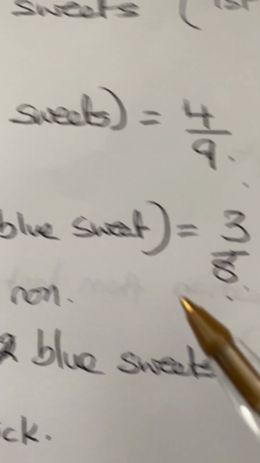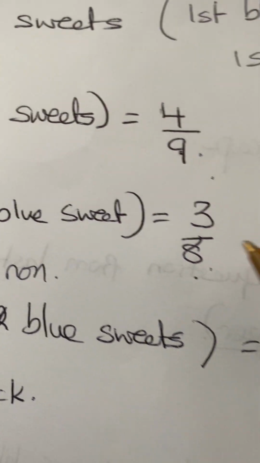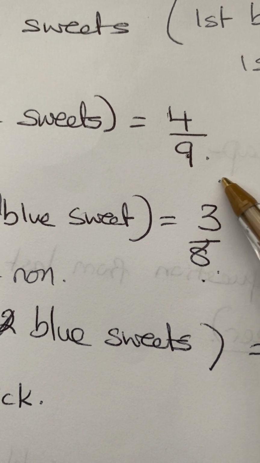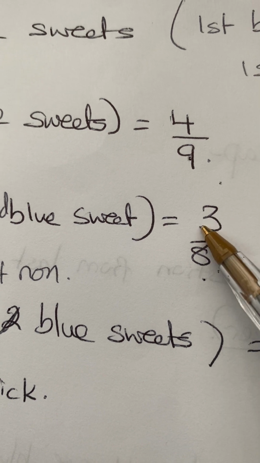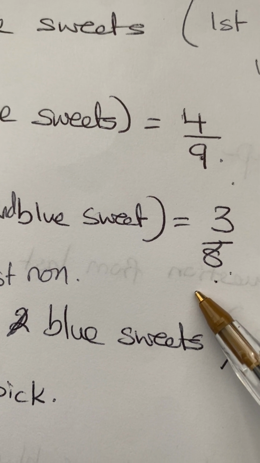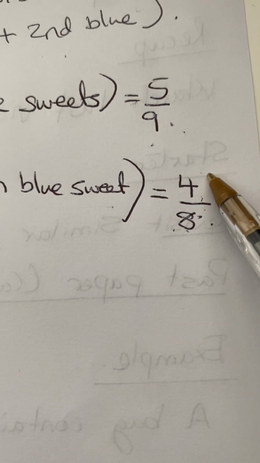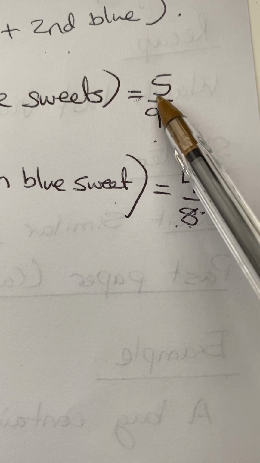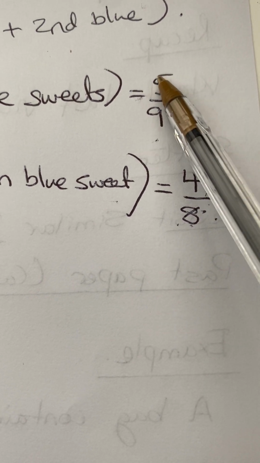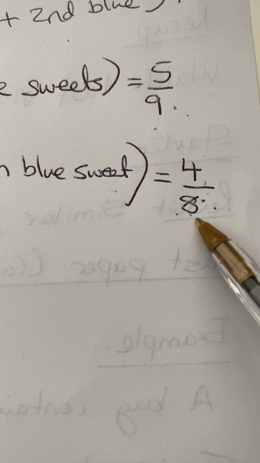Now, if you pick the second one and it's blue, you now have 8 in the bag and 3 blue, so it will be 3/8. If you pick the second one and it's non-blue, now you have 8 in the bag, and you had 5 non-blue, so it becomes 4/8.